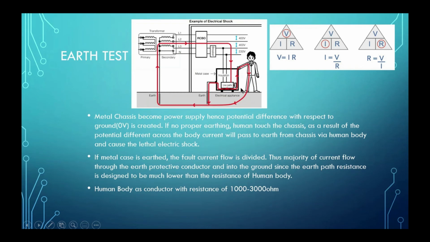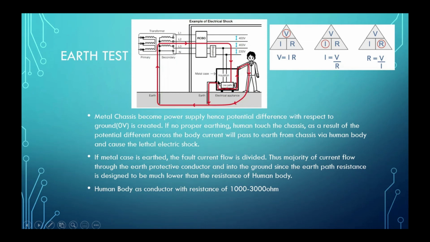So understand? If there is an earth to this metal case, the earth resistance, I explain this formula: R equals V over I, as I mentioned just now. The resistance of the earth must be low enough to let a bigger current pass through to the ground.